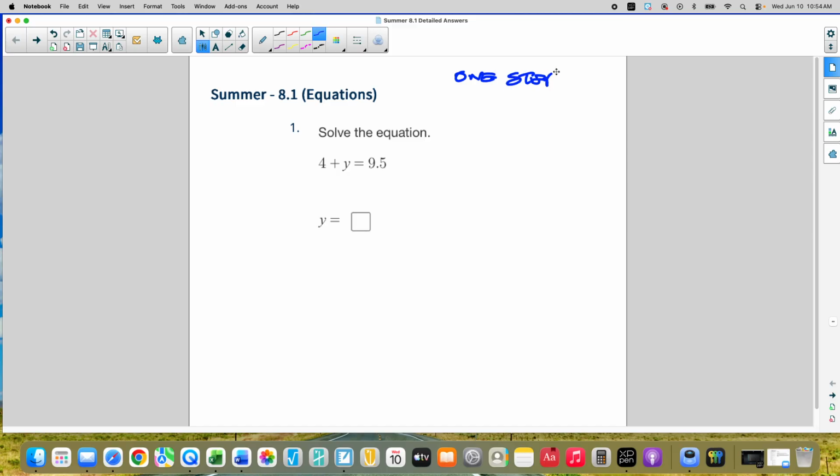One-step equations take one step in order to isolate the variable. We're going to get this variable by itself, and we're going to ask the question, what's happening to that variable?